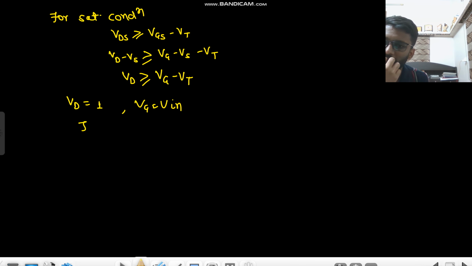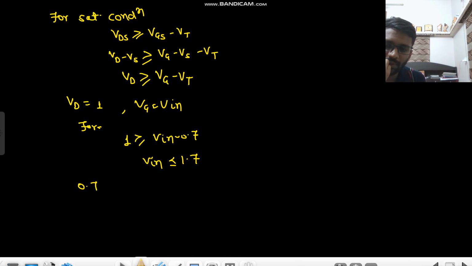So for saturation, 1 should be greater than V in minus 0.7, so V in should be less than 1.7. So for V in from 0.7 to 1.7, it will work in the saturation region.